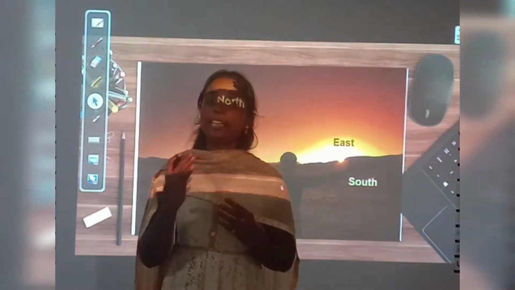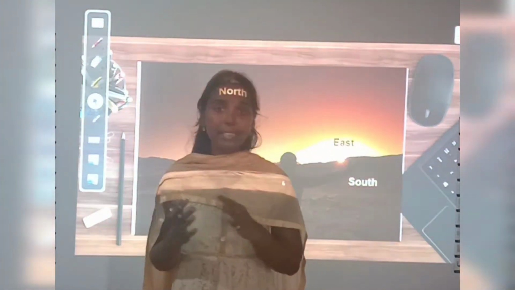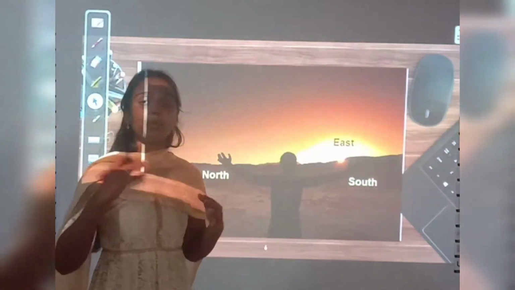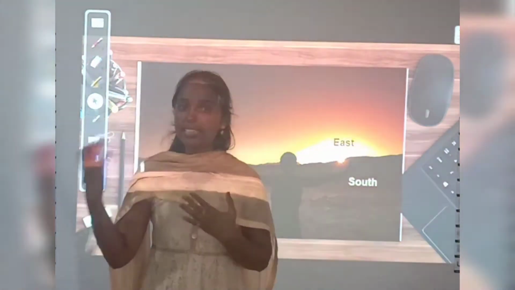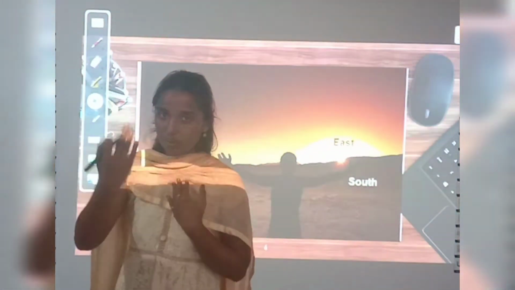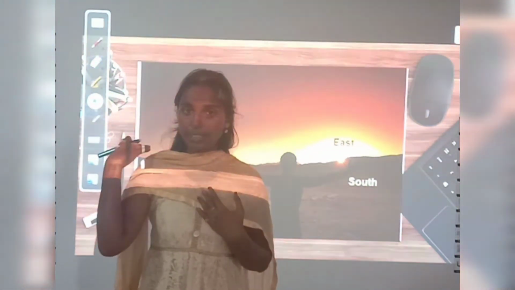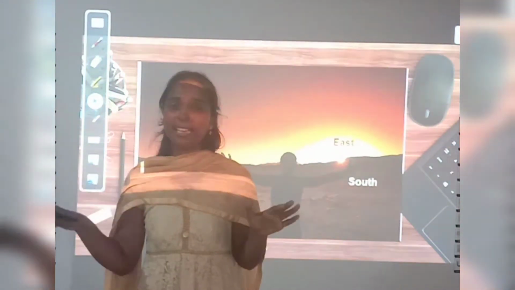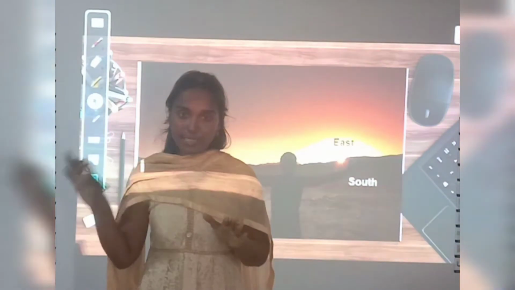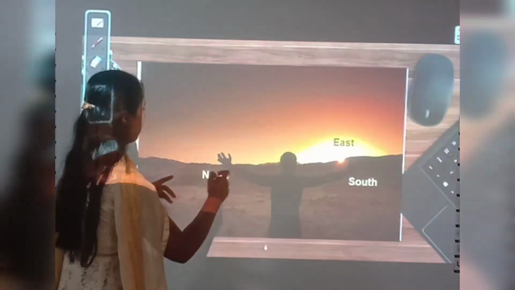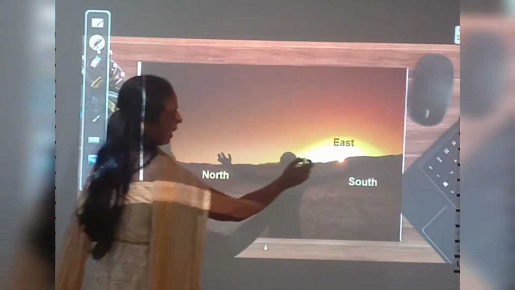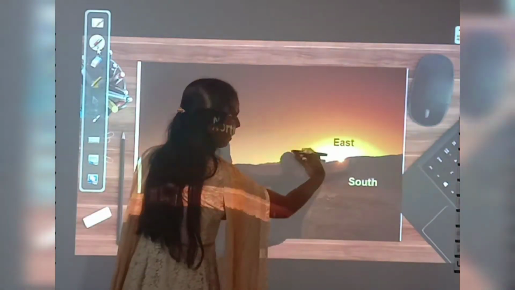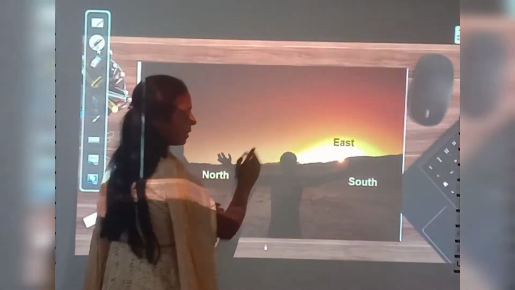Yes, now let us recall once again how we can locate places with the help of this image. What I said, if we are facing the sunrise, then our front side is towards the east, back side is towards the west, left hand side points to the north, and the right hand side points to the south, right? With the help of this picture, you see the sun rises here, so he is facing that direction. So what is this front side?